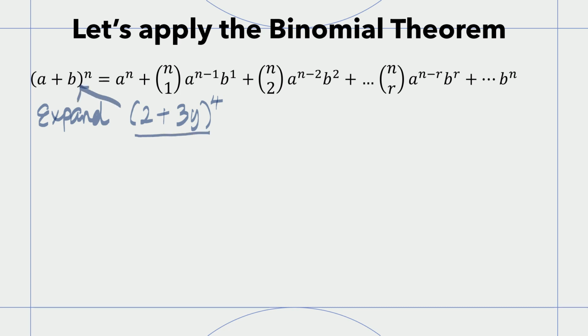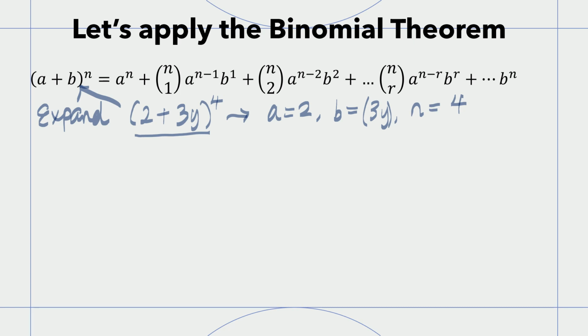Right, so you will see that we can substitute the value of a to be 2, the value of b to be 3y, and the value of n to be 4. Okay, I would really advise you, because you're dealing with two terms here, 3y, just put a bracket. Okay, just put the bracket there. So to remind you that later on when you substitute into the binomial theorem, you will have a lesser problem. You'll be able to get the correct answer.